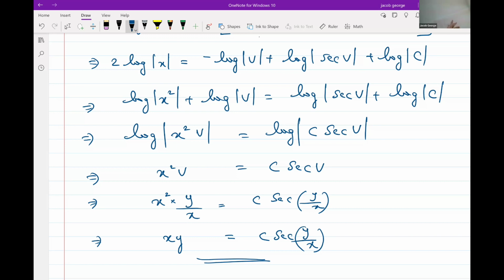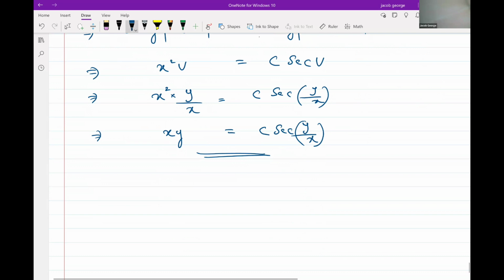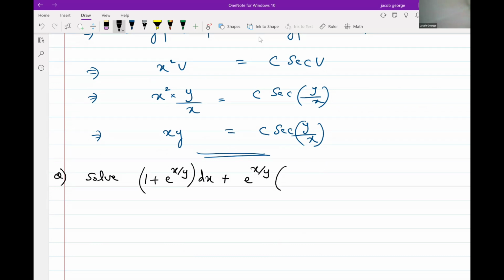Okay, next step. Solve 1 plus e raised to x by y into dx plus e raised to x by y into 1 minus x by y dy is equal to 0.